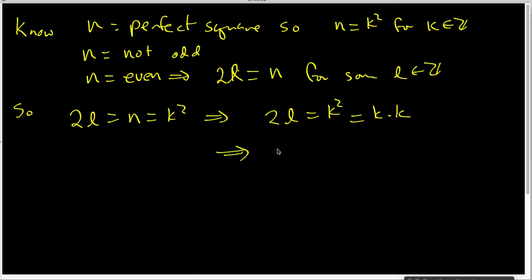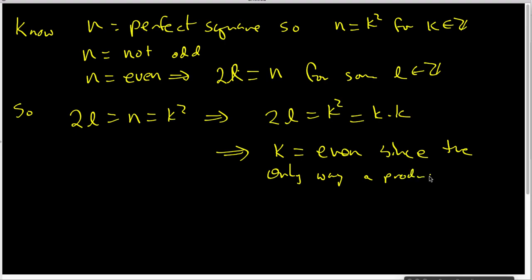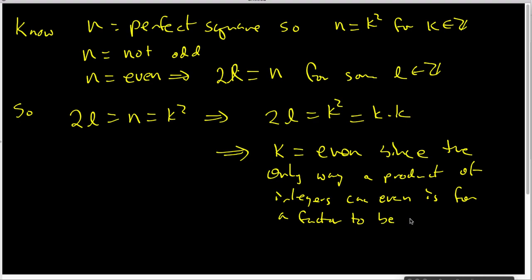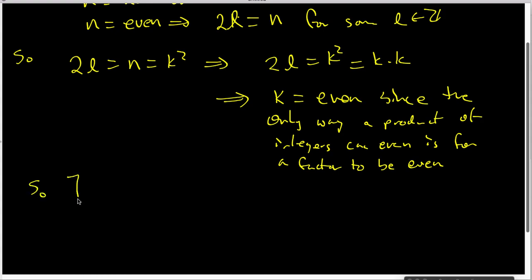So this is enough to say that k itself is even, since the only way a product of two integers can be even is for one of the factors to be even. But now I want to think about what that means. That means there exists an m inside the set of integers such that k is equal to 2m.